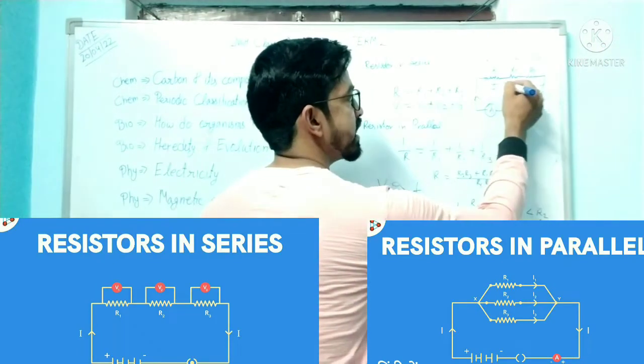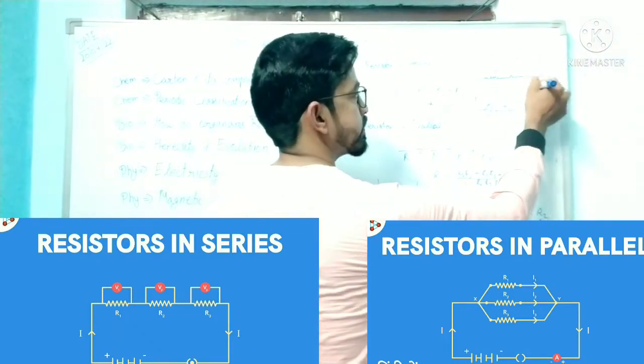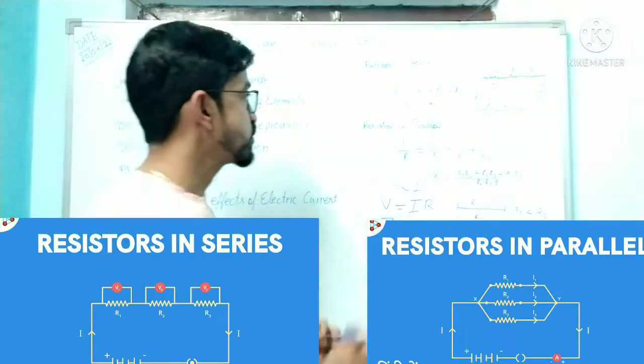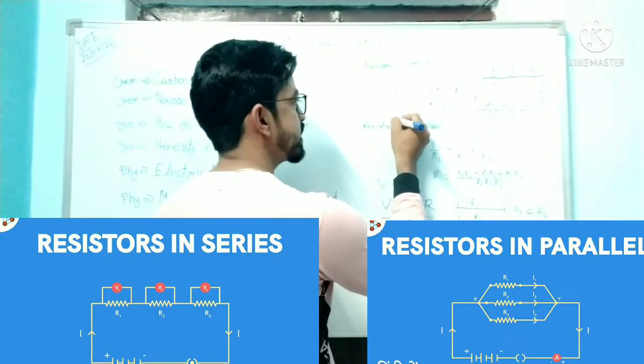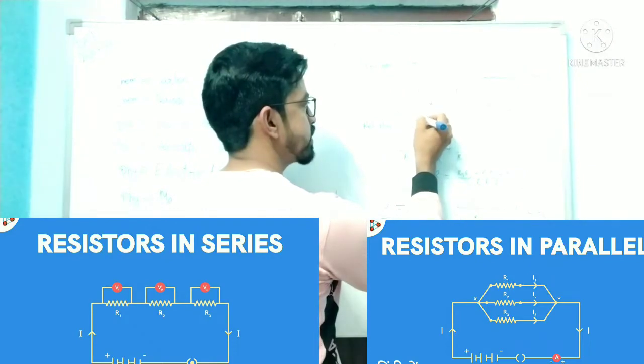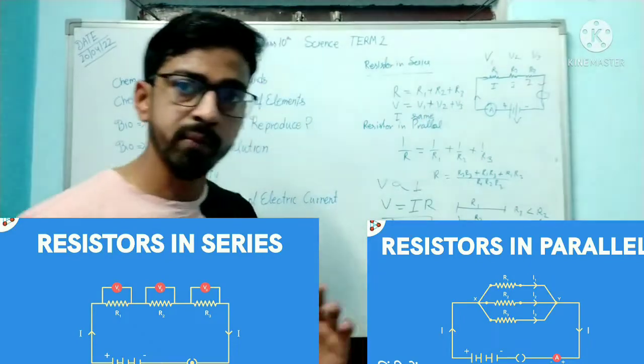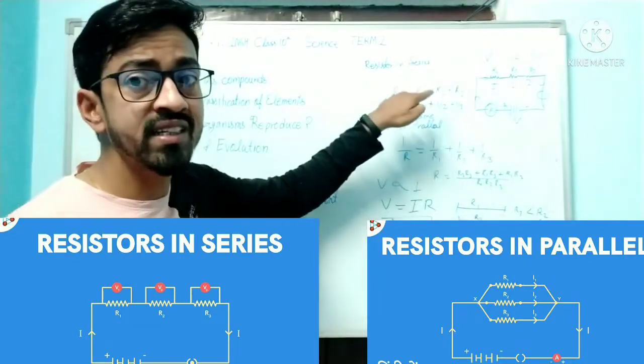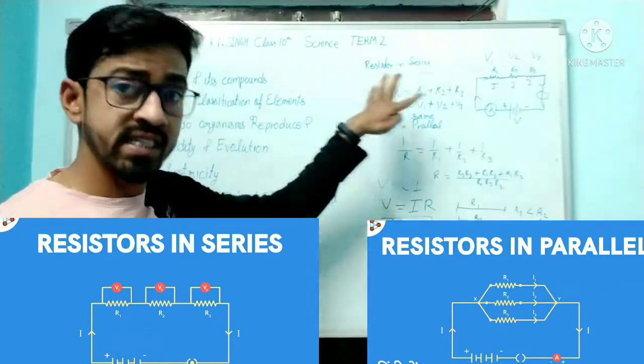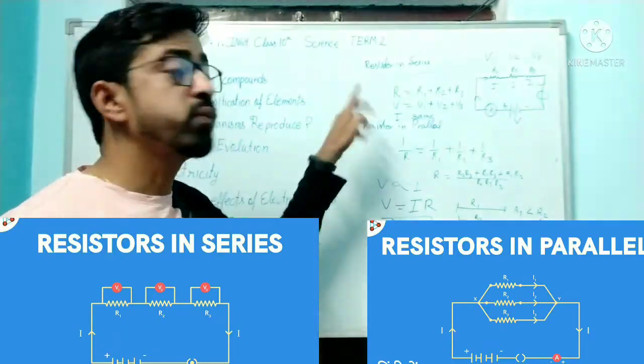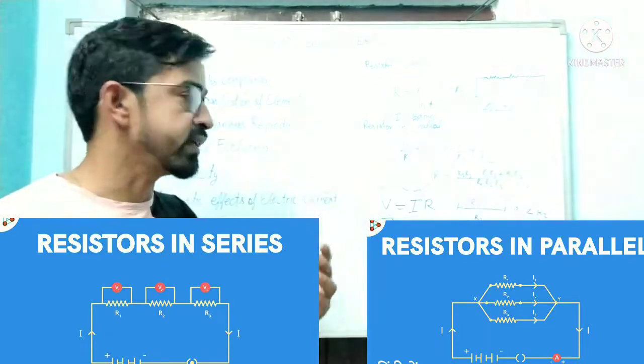I is the same all the time in series. So this is very important: I is the same for all components. So what is important in series? I is the same every time, but voltage is different or varies.